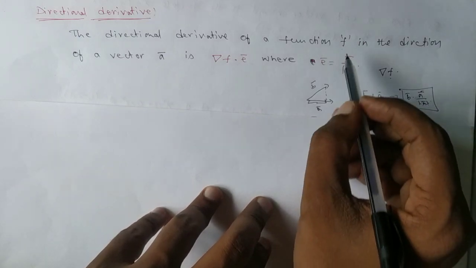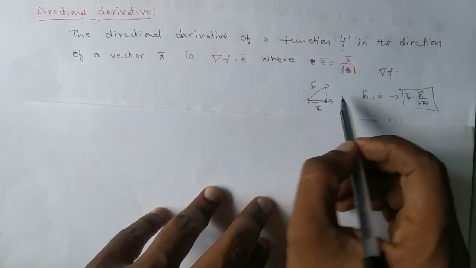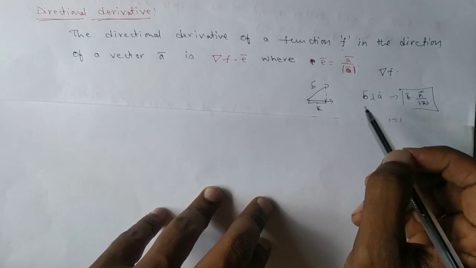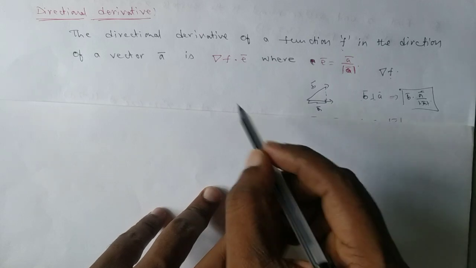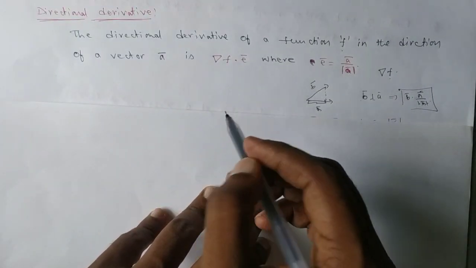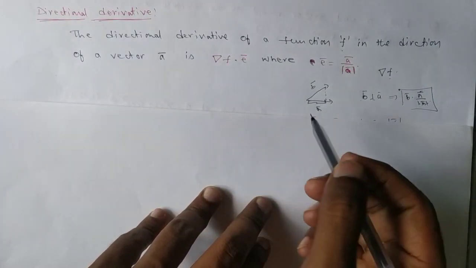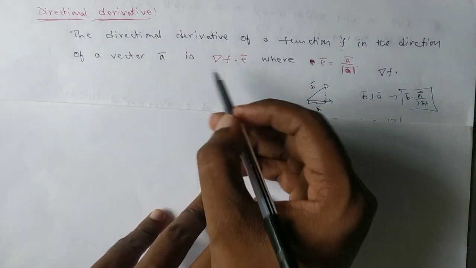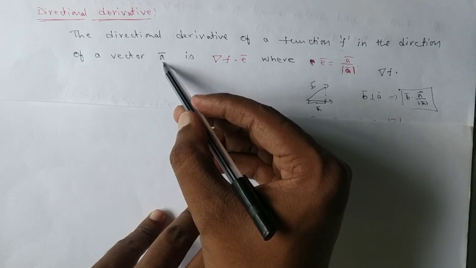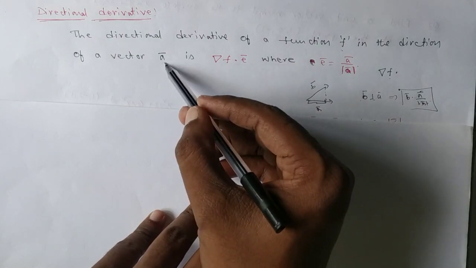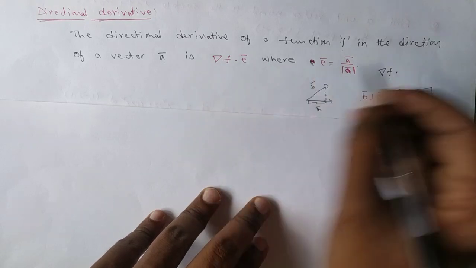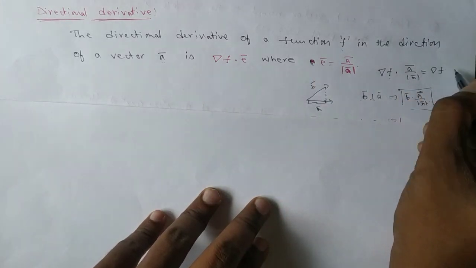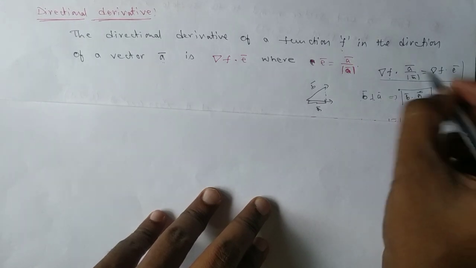Similarly, grad f indicates the rate of change of f in its normal direction generally. But if I want the rate of change of f in some particular direction, that is called the directional derivative. In whichever direction you want, you have to take the projection of the gradient of f on that vector. So the unit vector in this direction is a bar by modulus of a bar, and gradient of f dot e bar is called the directional derivative.